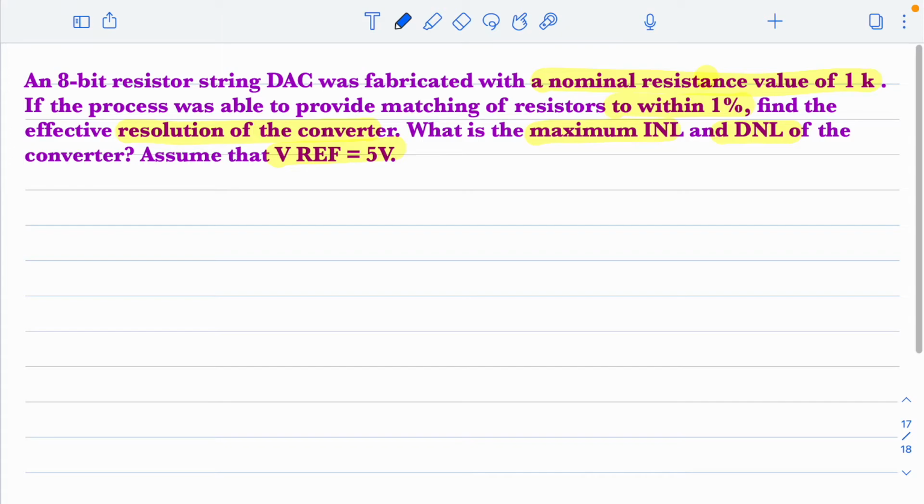Alright, so can you just try this question and tell me how to go about this. Given that the resistor string is 8-bit, now at the end we should also see with 1% mismatch with the maximum DNL INL calculation, whether the DAC is able to provide or the effective number of bits of the DAC or the resolution of the DAC is 8 bits or not.